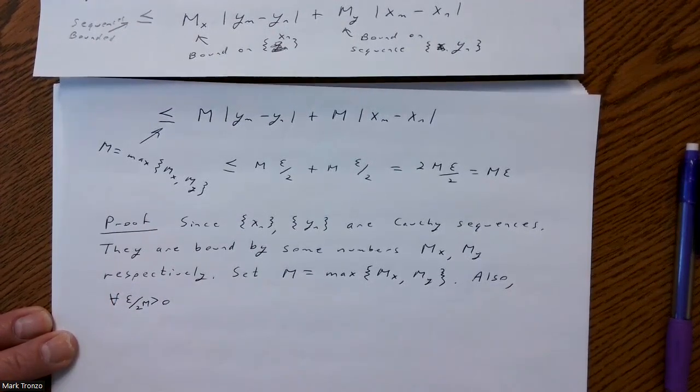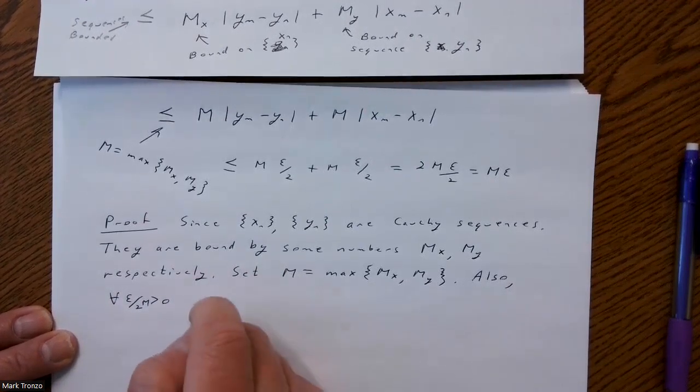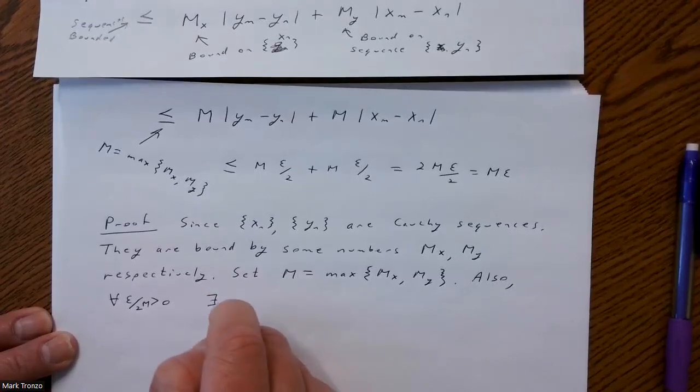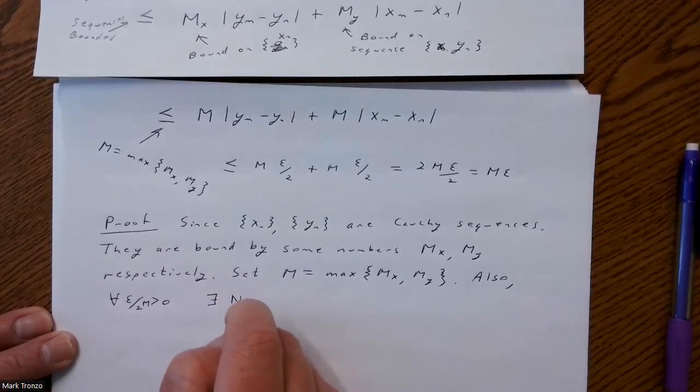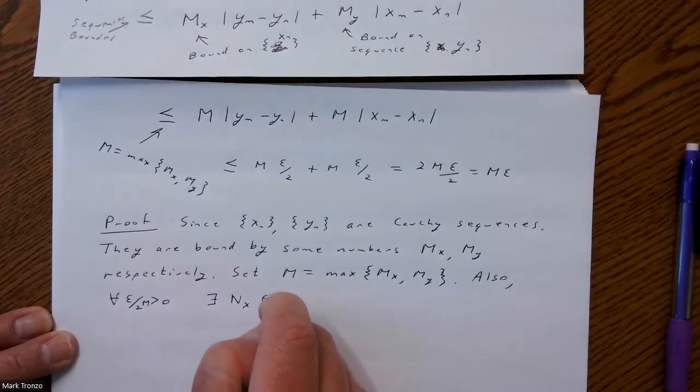Let's say that for all epsilon over 2m greater than 0, there exists an nx in the naturals.